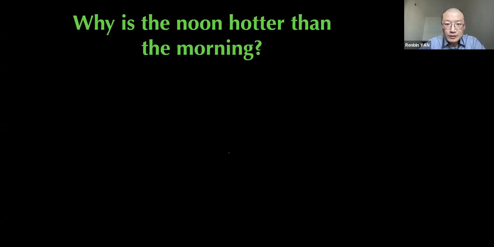And also I want you to think about, why is the noon hotter than the morning? In the morning, you also have the sun shining on you. At noon, you have the sun shining on you. Why is the noon hotter than the morning? Please feel free to type in the chat window or speak up.